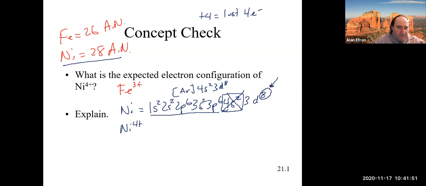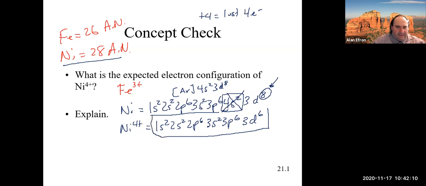That will leave us with 1s2, 2s2, 2p6, 3s2, 3p6, and 3d6 in this particular case. Any questions on that one?